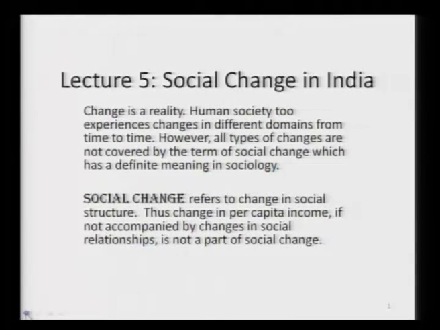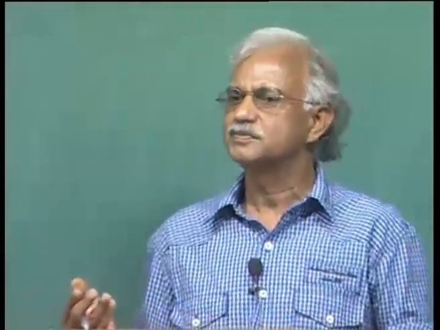Social change refers to change in social structure. Thus, change in per capita income, if not accompanied by changes in social relationships, is not part of this social change. So, you can have economic change, but no social change. You can have political change, but no social change.